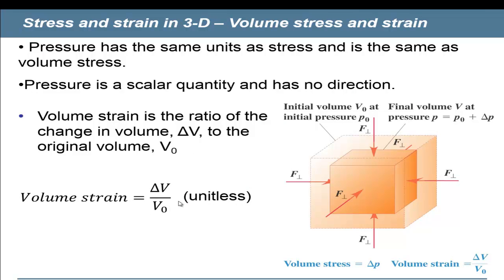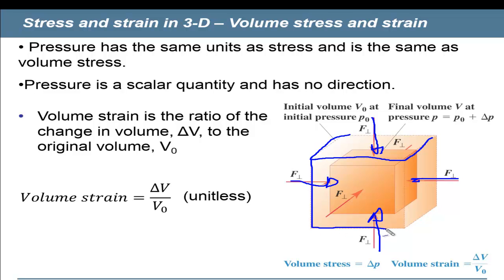Because we have cubic meters divided by cubic meters, and we see just a little schematic here, the perpendicular forces all come in to act over some area, which creates a pressure, and then they move this box in. This was the original outline of the box here, and it moves it into some smaller volume here.